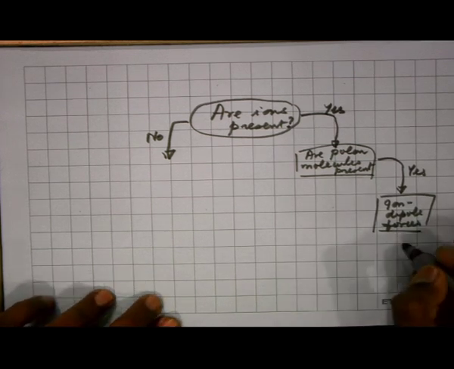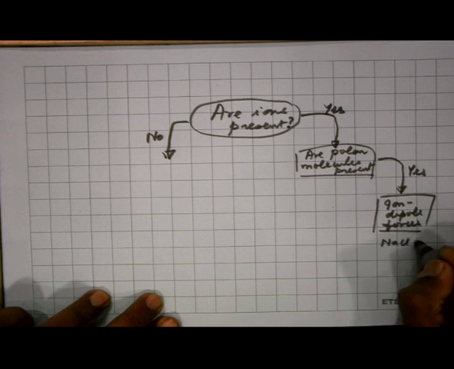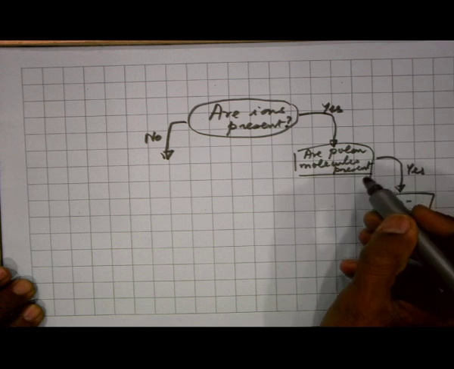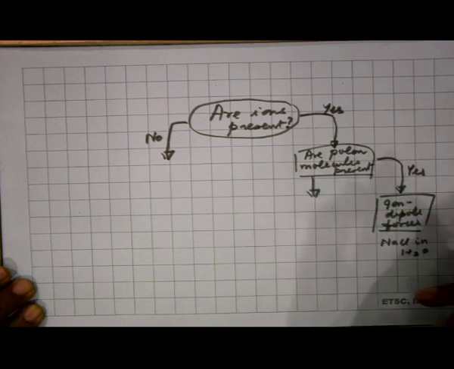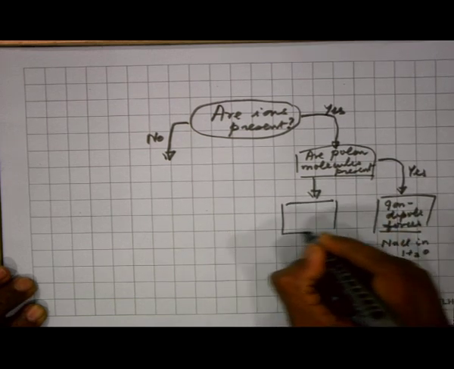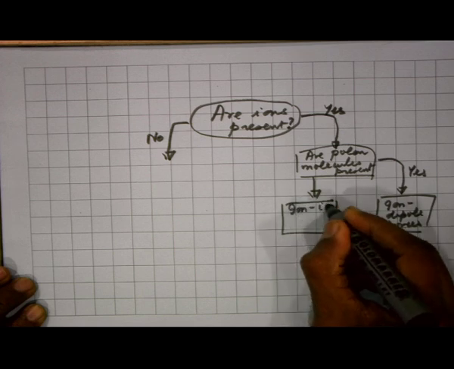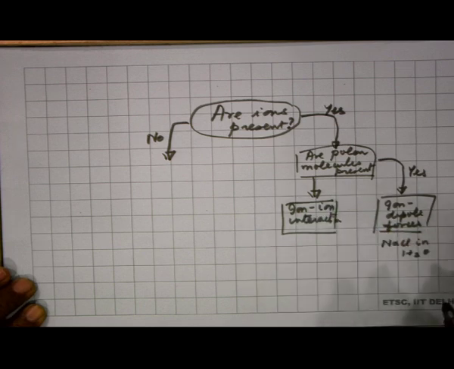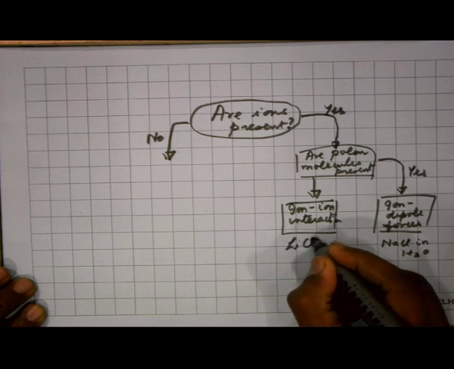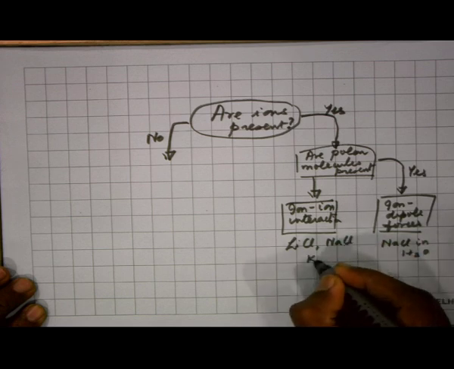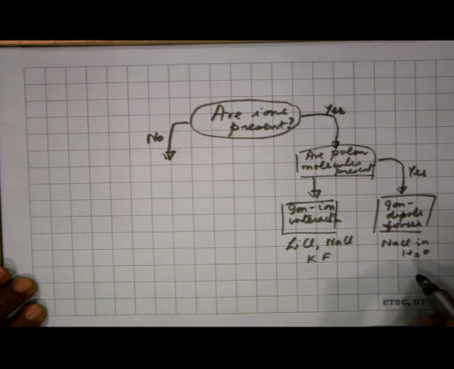And an example would be NaCl in water. And if there are no polar molecules present, then you would say that it would be an ion-ion interaction, as for example, you would see in LiCl, NaCl, KF, etc. And we also know the strength of the interaction.